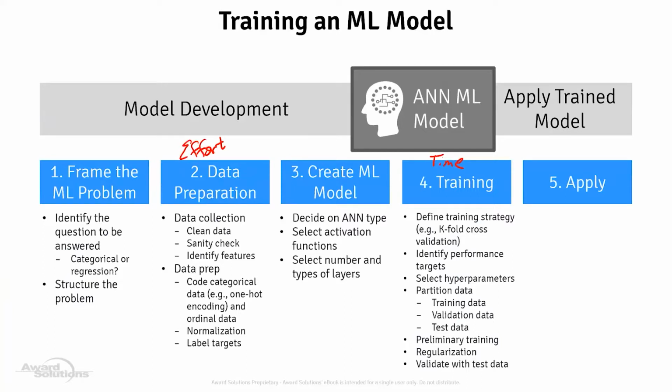So we need to define some things as part of the training process. We need to define what is our training strategy? How are we going to do this training? We need to have performance targets. And this is, in my opinion, one of the most important. What is good? If I am trying to take a picture, I would like the accuracy of determining what's a face to be pretty high.